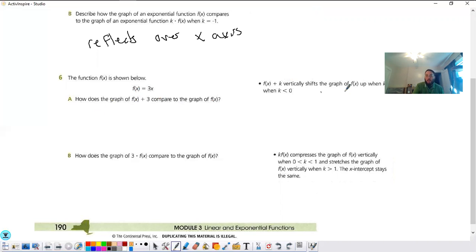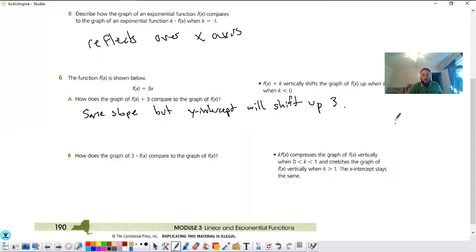So when we vertically shift something, we're not changing the steepness. All we're doing is moving it up. So I have the same slope, but the y-intercept will shift up because we're adding 3.